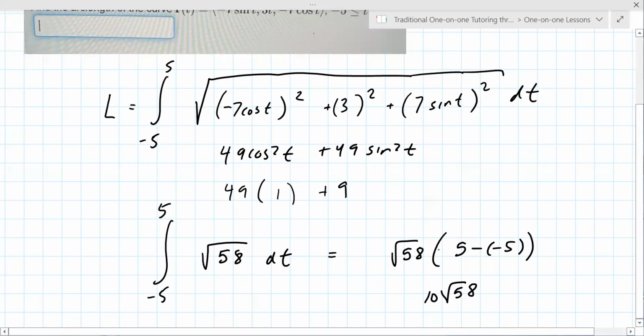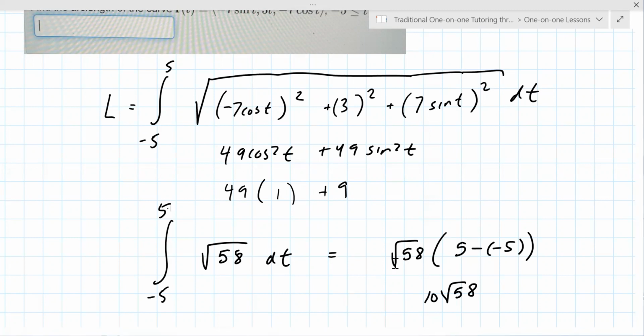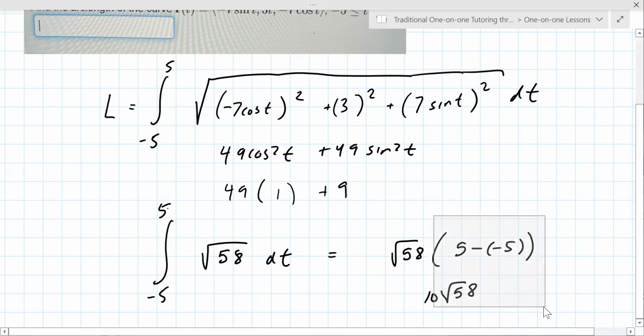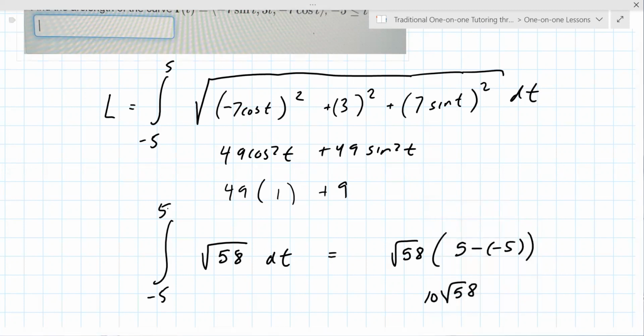Because it's really square root of 58 t, since this is just a constant. So it's the integral of dt, which is t, and then you evaluate the upper and the lower bounds. So you just do the upper minus the lower? Yes. I shouldn't skip some of those steps, but the more we move through this course, the less you need in general.